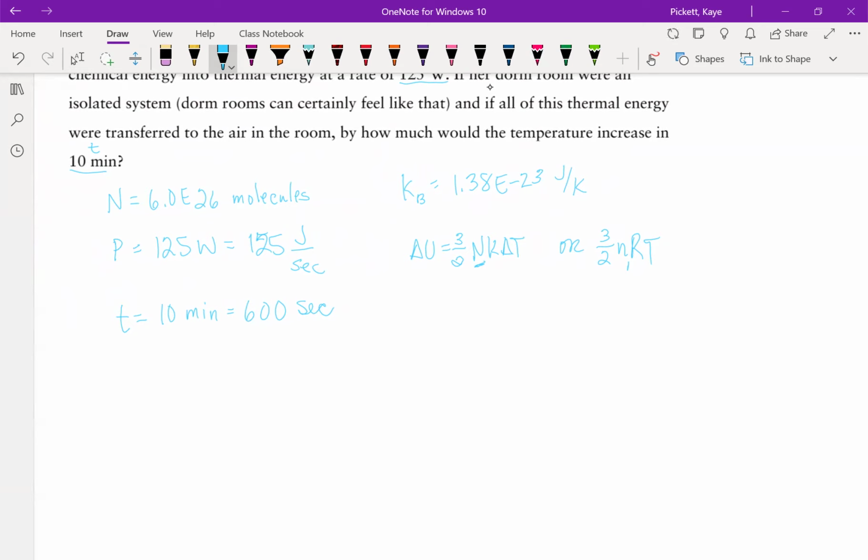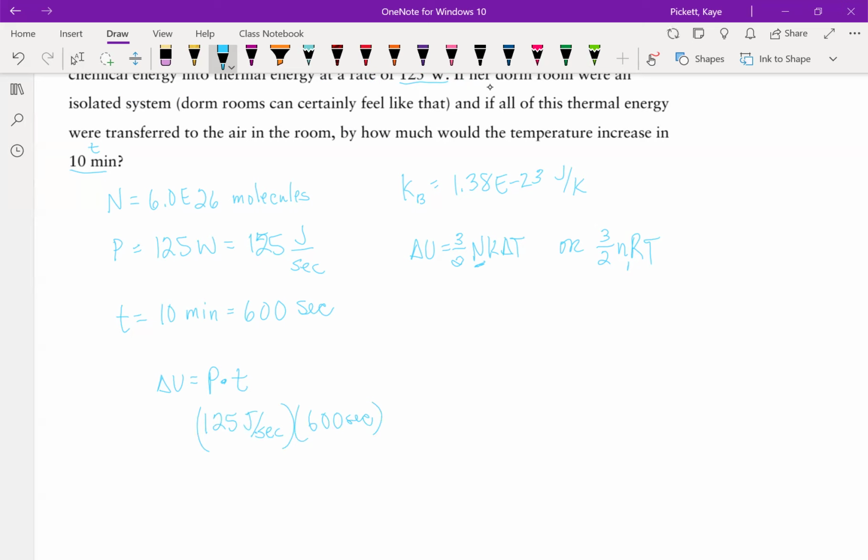And so we're going to say delta U, let's find delta U first. Delta U is my power times time, which is 125 joules per second times 600 seconds.